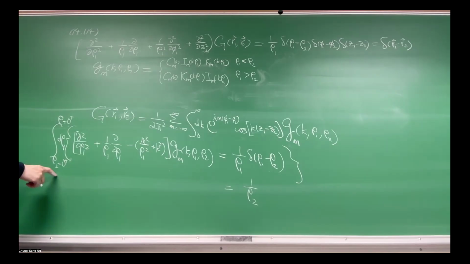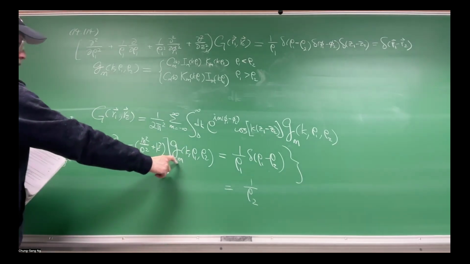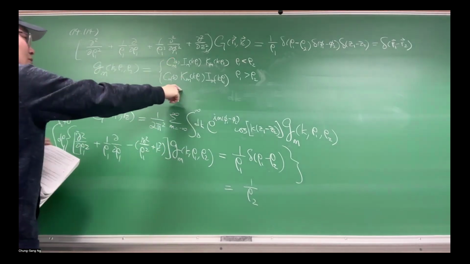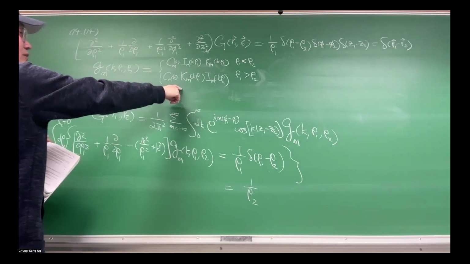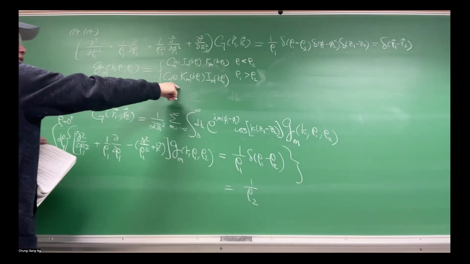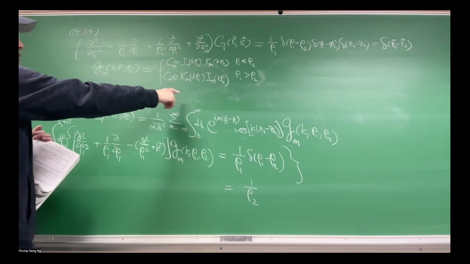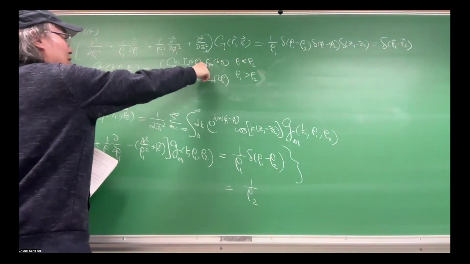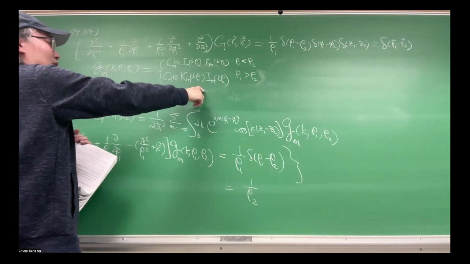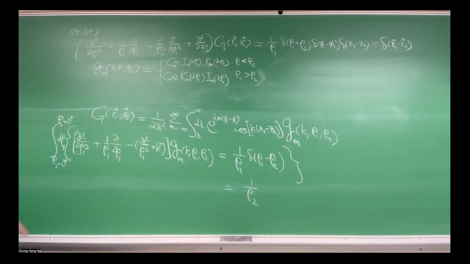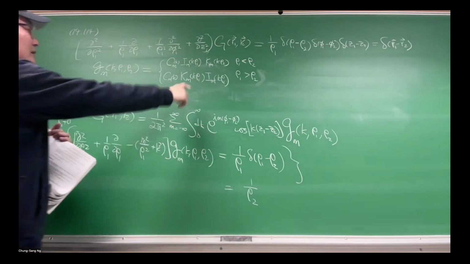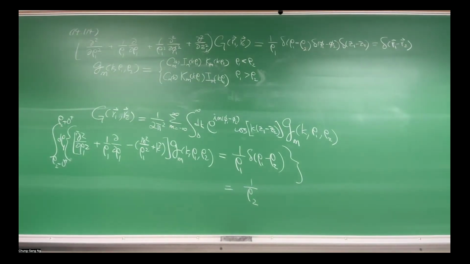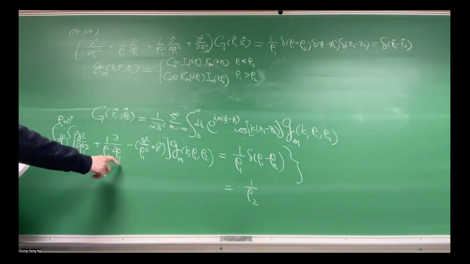But then we impose the condition that they are continuous at the point rho sub 1 equals rho sub 2. So subtracting the upper limit and the lower limit gives 0. So the second part also does not contribute.